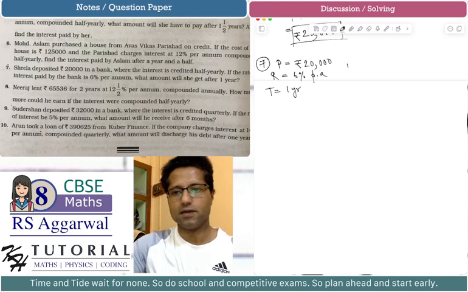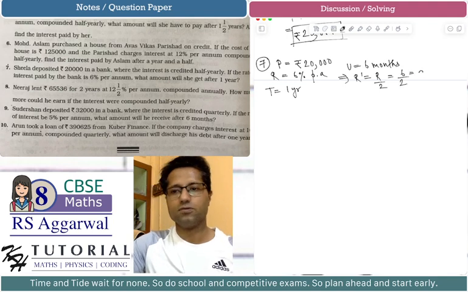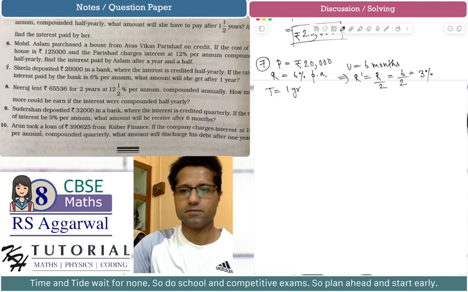So this means that U is equal to 6 months. So when U is 6 months, R dash is equal to R by 2, which is 6 by 2, which is equal to 3% per 6 months.